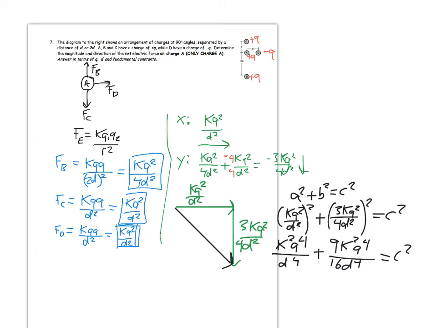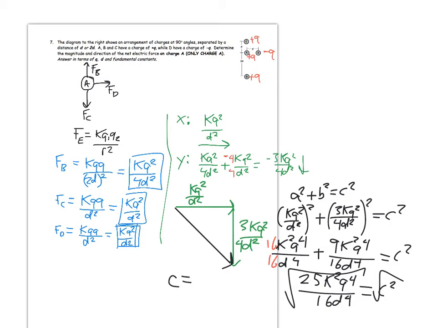Number one, we can find a common denominator here, so multiply that one top and bottom by 16, and when we combine those, we end up getting 25k squared Q to the fourth over 16D to the fourth equals C squared. We take the square root of both top and bottom, and we get that our hypotenuse C here is equal to 5kQ squared over 4D squared.